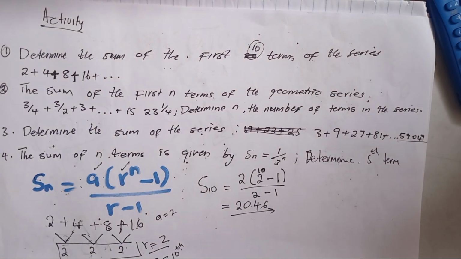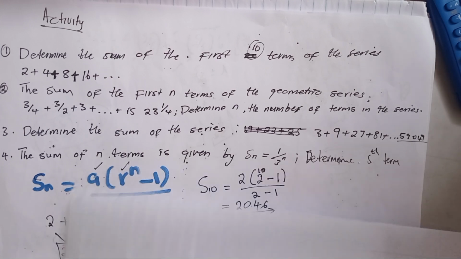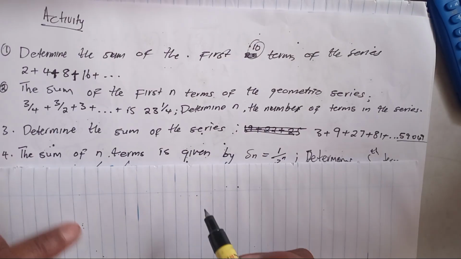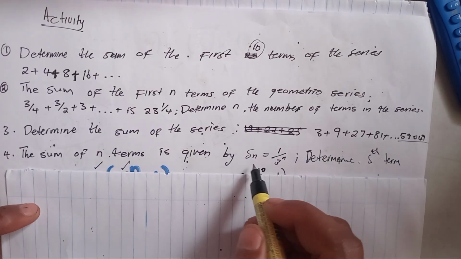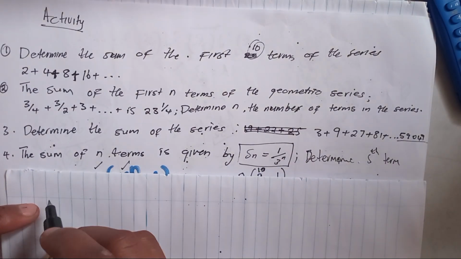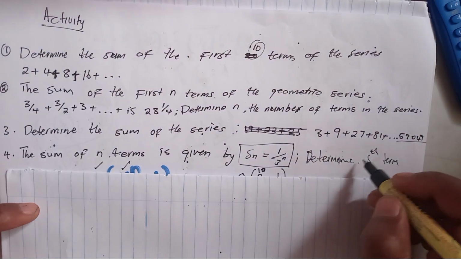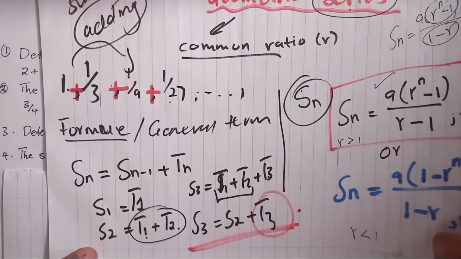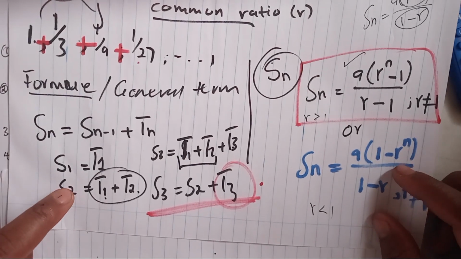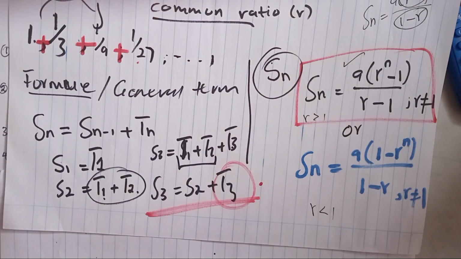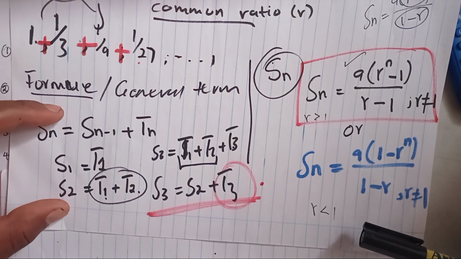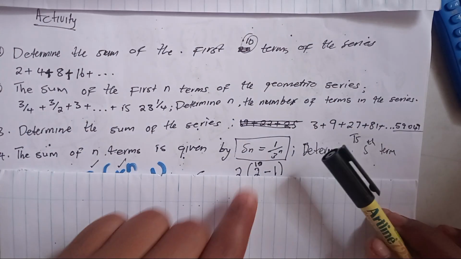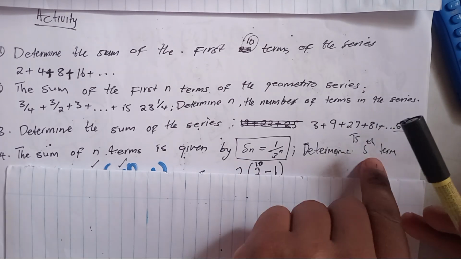I've already told you before that if you are given the formula of the sum, and they are looking for T5, then you are going to use this notation. I said it when I was doing the theory. You are going to use this notation because you have Sn and you are looking for T5.